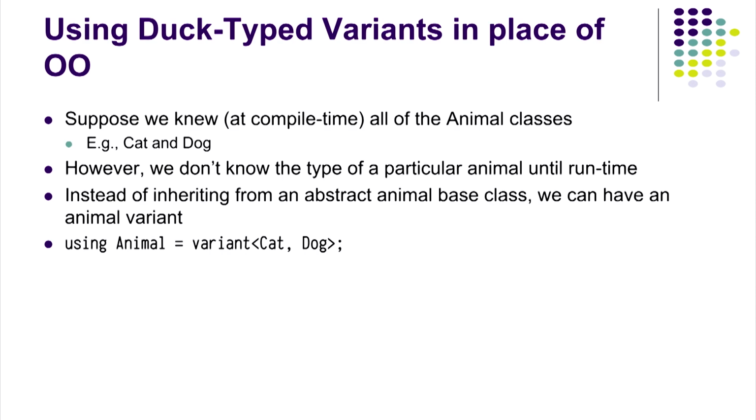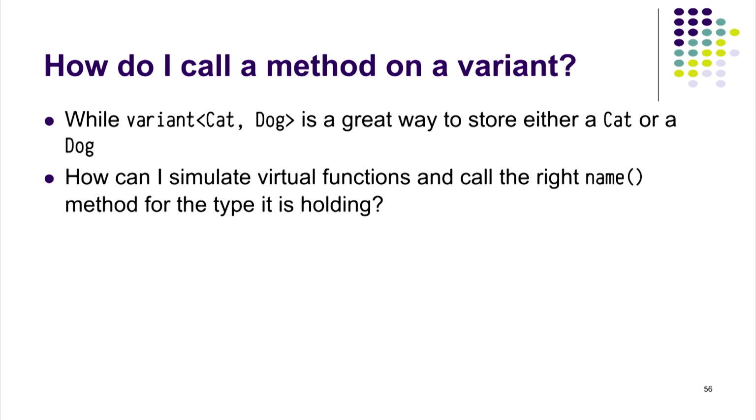So now we know all our classes at compile time because they're classes. You can't define them at runtime. So we can say animal is a variant of cat and dog. And now that's a great way to store either a cat or a dog.